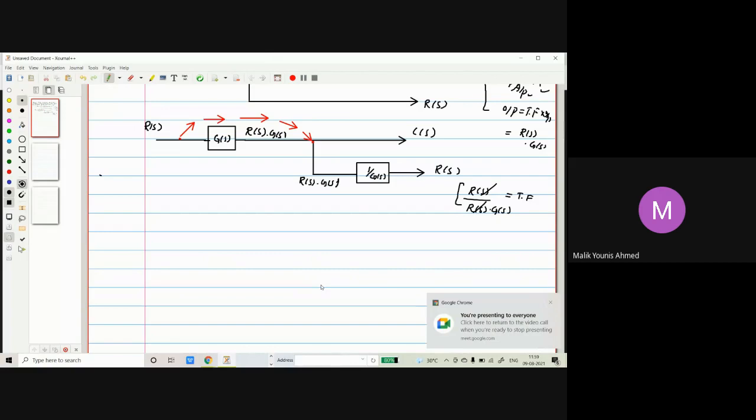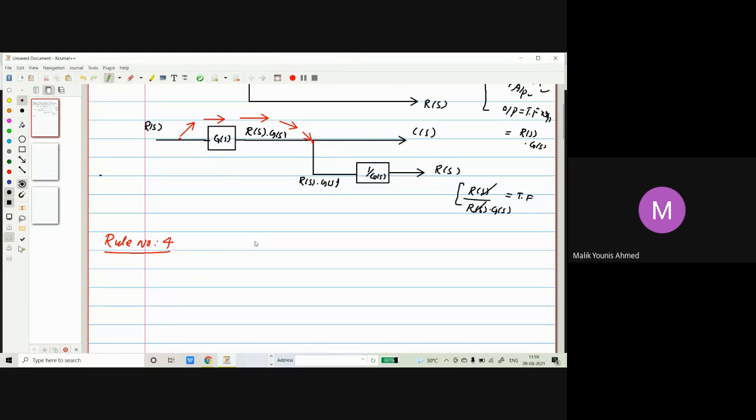Okay, let's move to the next rule. Rule number 4. Let me write these rules in red. Rule number 4. Exactly the same thing we are doing now, but just a bit of change is there. Before, it was before a block. Now we'll move to ahead of the block.